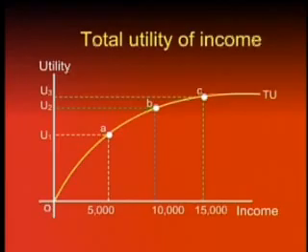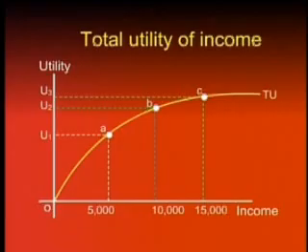A rise in income from rupees 5,000 to rupees 10,000, for example, will cause a movement along the curve from point A to point B. Total utility will rise from U1 to U2. A similar rise in income from rupees 10,000 to rupees 15,000, however, will lead to a move from point B to point C, and hence a smaller rise in total utility from U2 to U3.